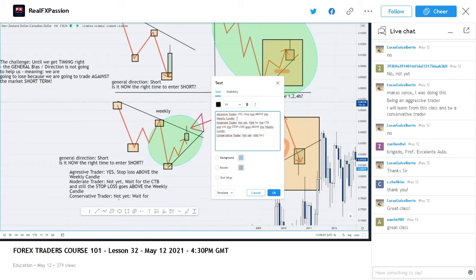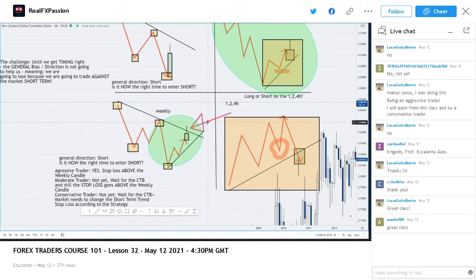Wait for the CTB counter trendline break plus the market needs to change the short-term trend. Okay, market needs a short-term trend, and stop loss according to the strategy, right?